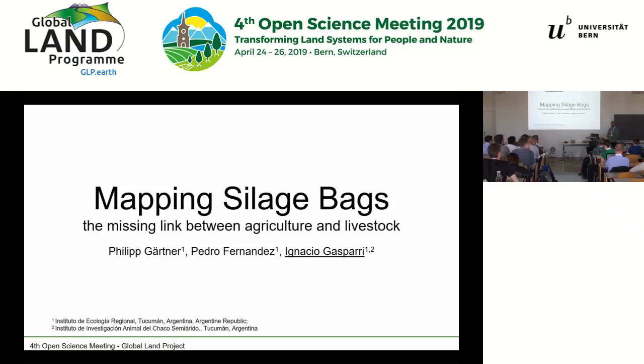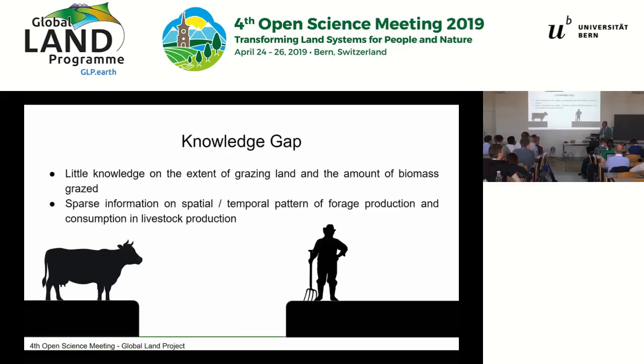More than half of the grain production in Argentina is stored in silo bags, waiting to be moved to the harbor, or stored to supply and feed the cows in the pasture. So what we tried to do was to identify where the silo bags are and their size through time. We think it's important to get more information about the system and intensity of use, especially in the cattle ranching systems.